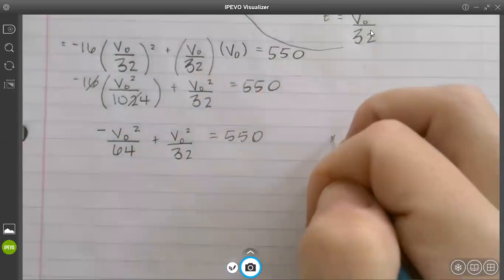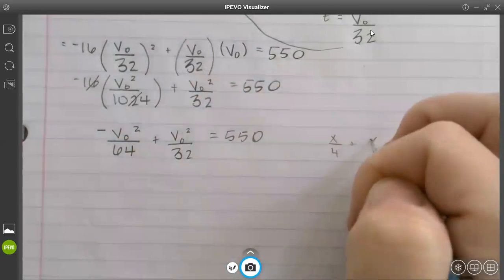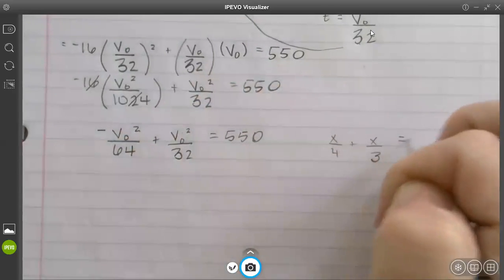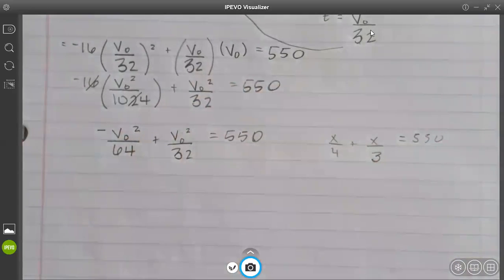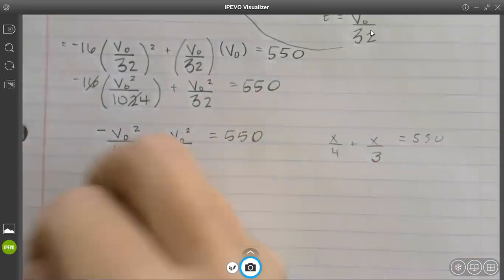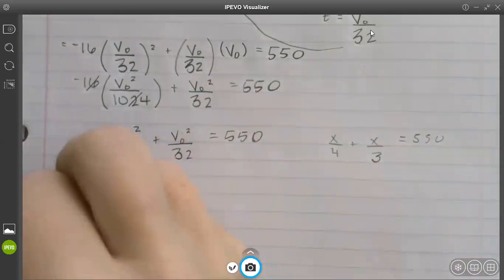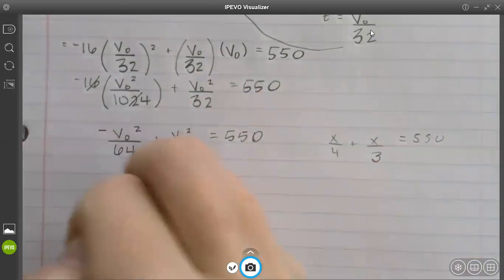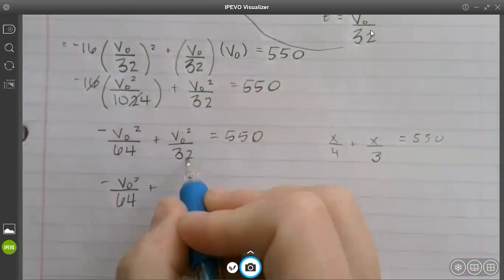If I had X over 4 plus X over 3 equals 550, what would I do? A common denominator. What would be my common denominator between these two? 64. So this one is good as is. How do I get from 32 to 64?